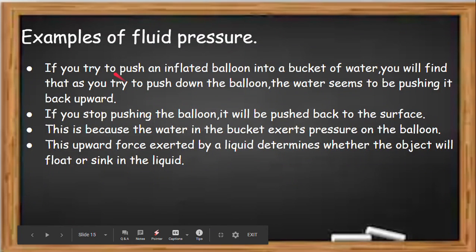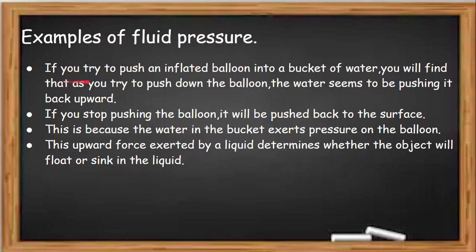So let's see some examples of fluid pressure. If you try to push an inflated balloon into a bucket of water, you will find that as you try to push it down, the water seems to be pushing it back upward. So this is the opposite force by the water. If you stop pushing the balloon, it will be pushed back to the surface.